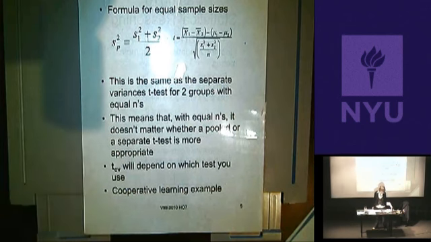The big difference between separate variances and pooled variances tests is generally whether you have homogeneity of variance or not. If you have homogeneity of variance, you're always going to use a pooled variances test. And if you don't, you would use a separate variances test. Okay?